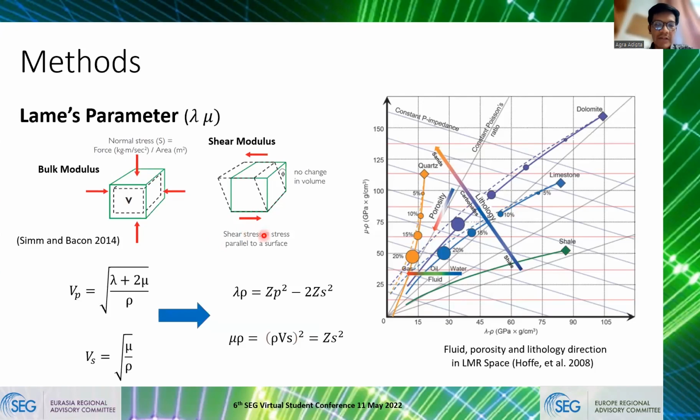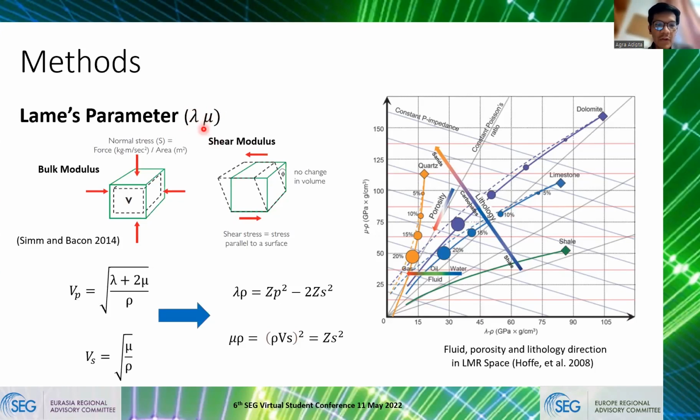Based on these two known parameters and their distinctive characteristics, we try to utilize them to discriminate which lithology contains which fluids. So based on this basic idea, we derive the Lamé parameters, lambda rho and mu rho. Lambda is indirectly correlated with incompressibility, and mu indicates rigidity.